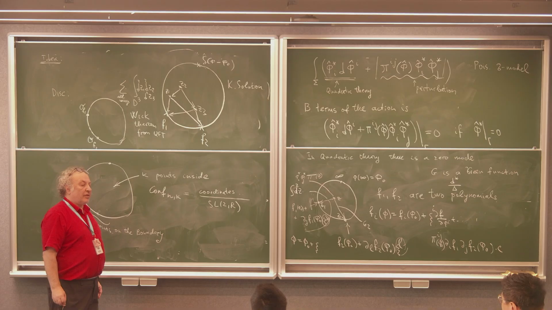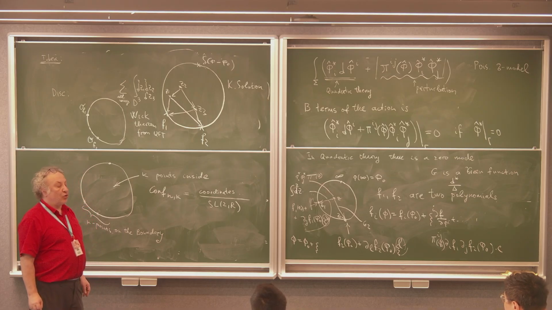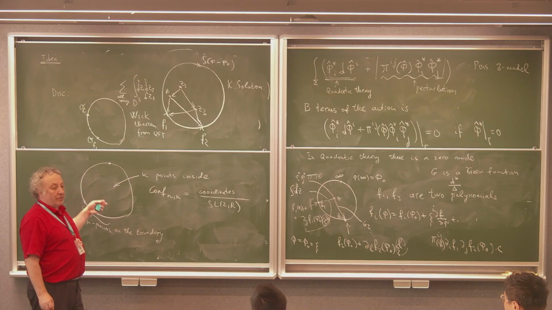You may consider this SL(2,R) as the group of isometries of the Poincare disk.